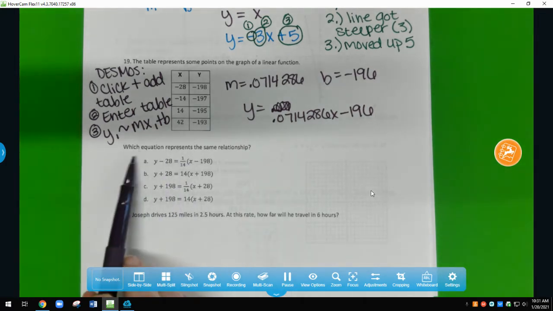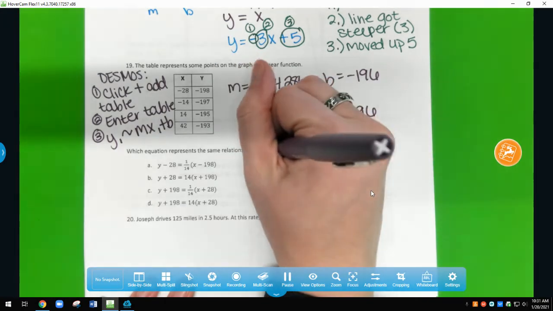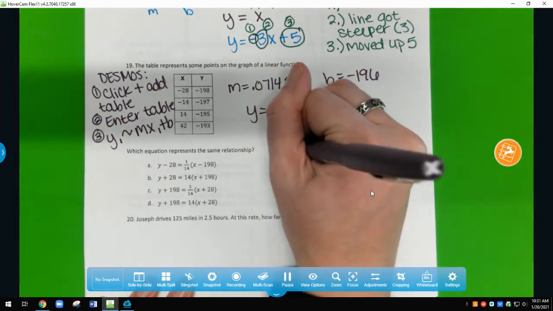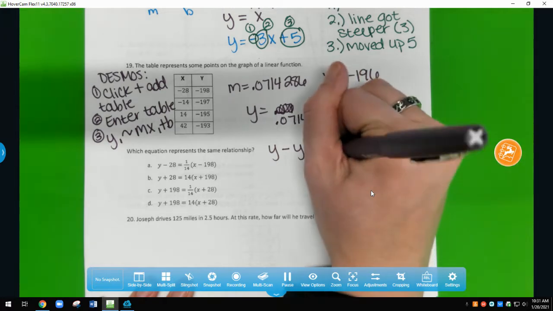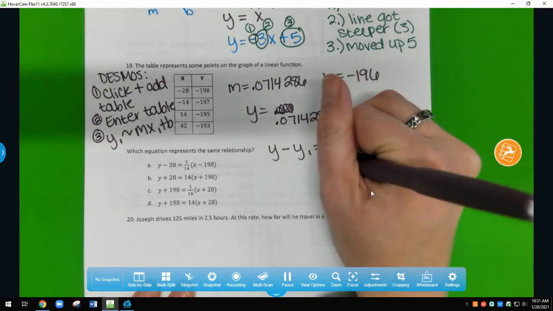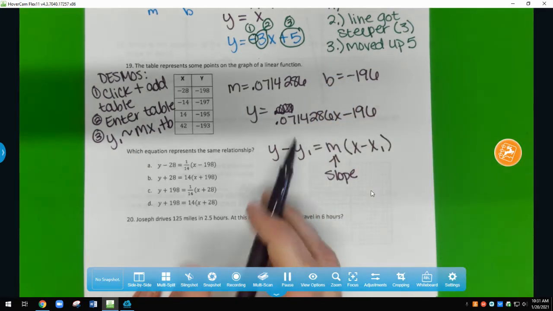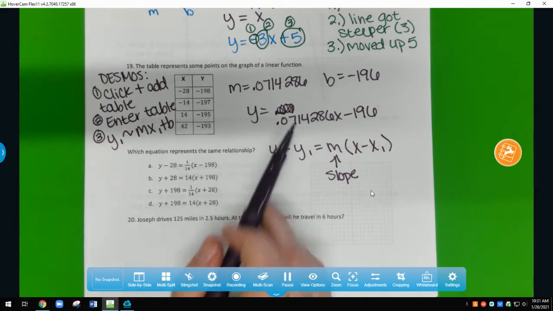Okay, so it says which equation represents the same relationship? All of these equations are in point slope. So that's our y minus y1 equals m times x minus x1. We know that m is our slope, and it needs to match the m here.